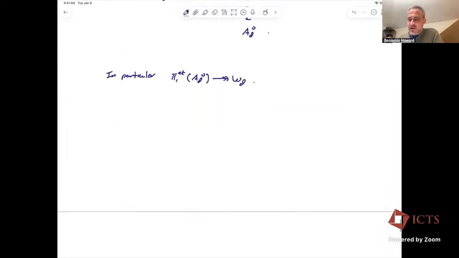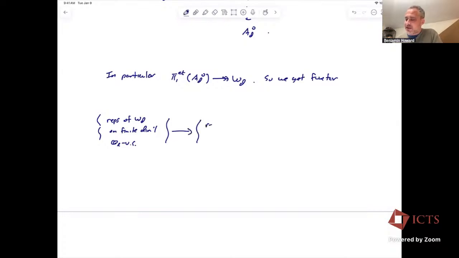Okay? Which means we get a functor from representations of WD on finite dimensional QL vector spaces. Well, any representation of this group WD, we can now pull back to a representation of the Étale fundamental group.